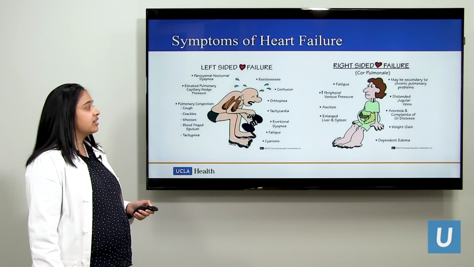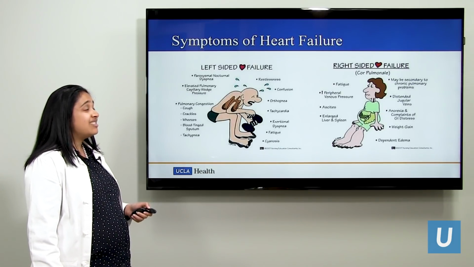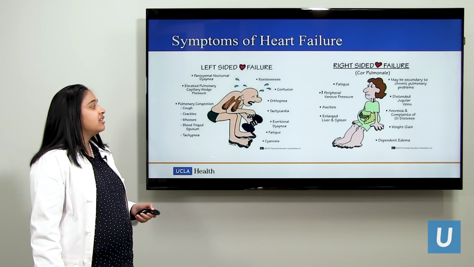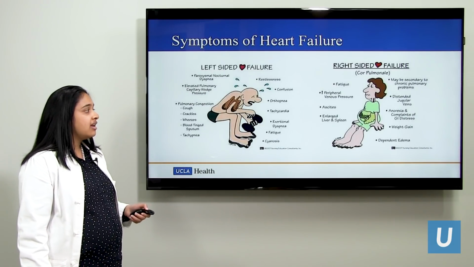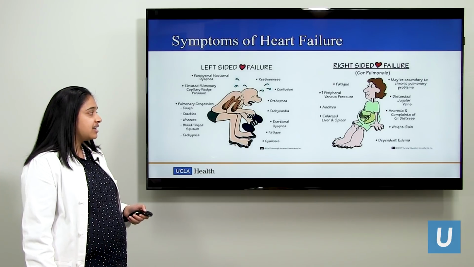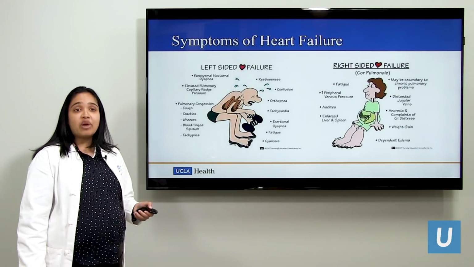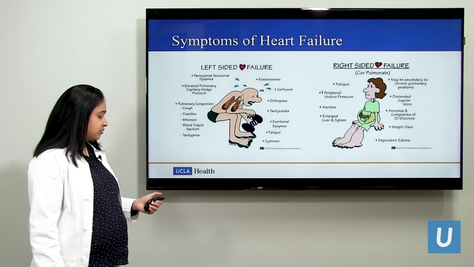You may have complaints that are related to not being able to eat as much, or anorexia. You may have swelling in the legs, known as dependent edema, and you may notice weight gain as well.